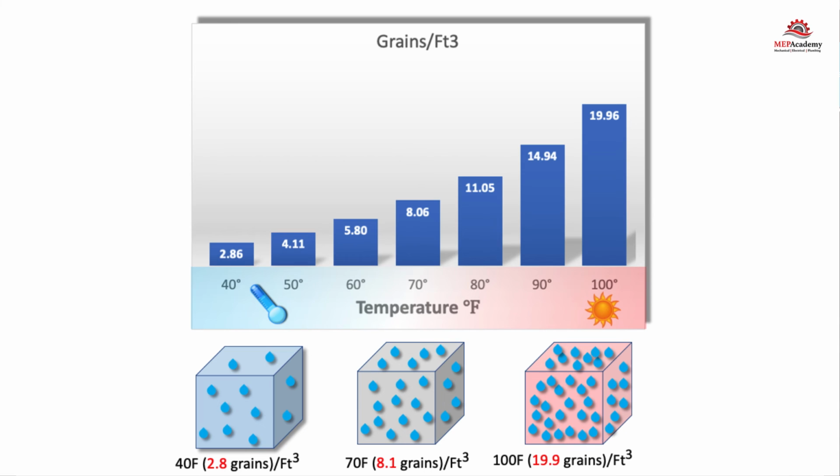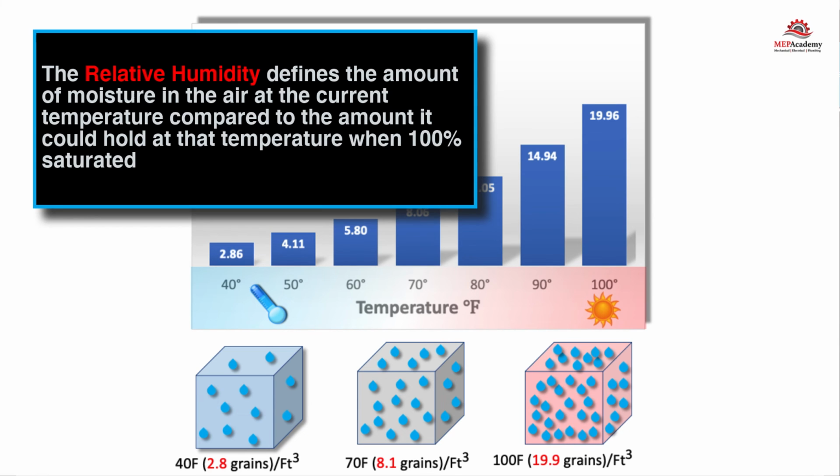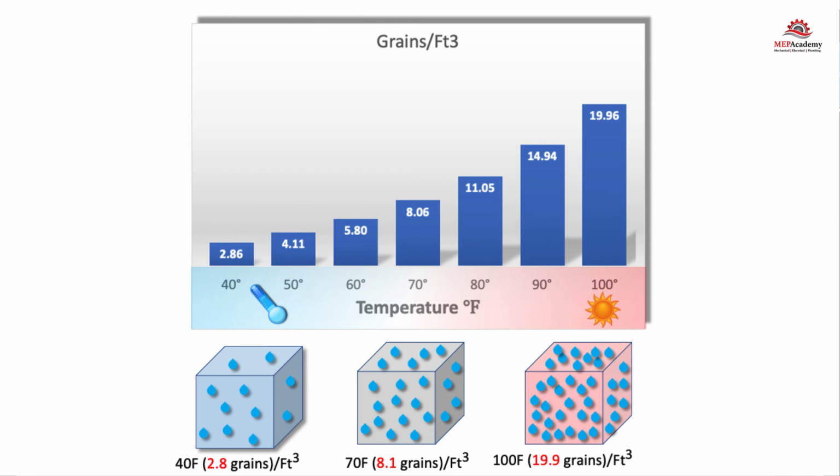The relative humidity defines the amount of moisture in the air at the current temperature compared to the amount it could hold at that temperature when 100% saturated. Relative humidity is always expressed as a percentage.